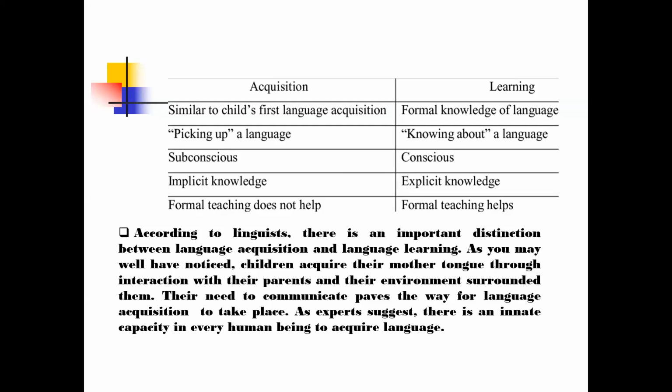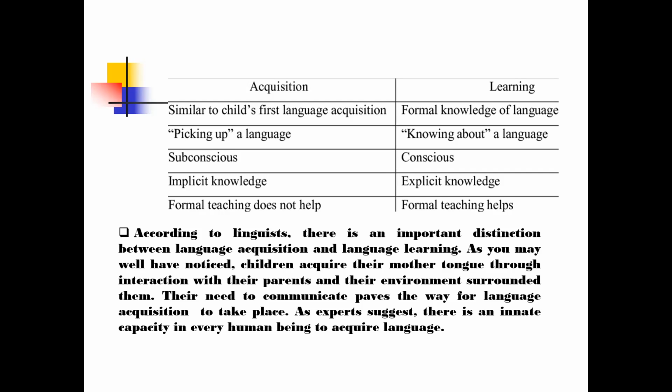And acquisition also means that we pick up a language, but for learning, we know about a language. When we acquire a language or a knowledge, we do it subconsciously, but in learning, we do it consciously.